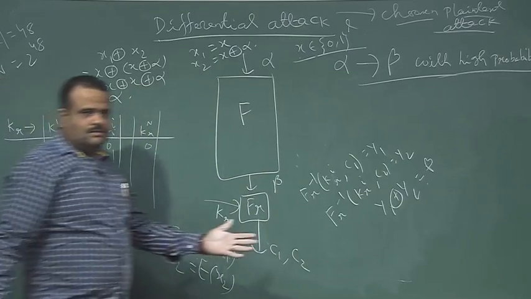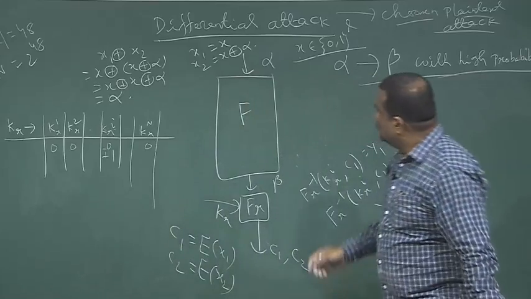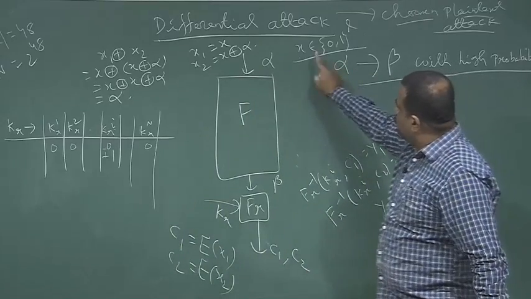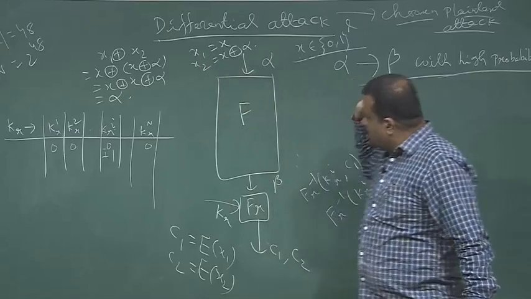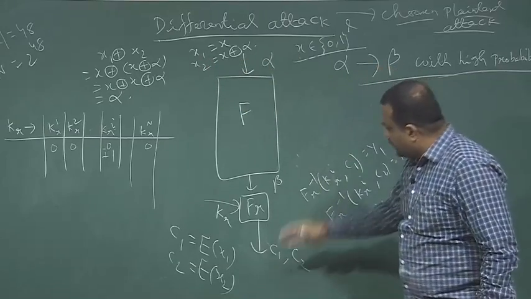Is this attack clear? We choose x1 from the plaintext, and x2 we get by XORing with alpha.